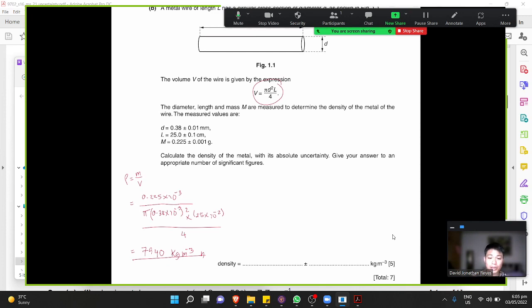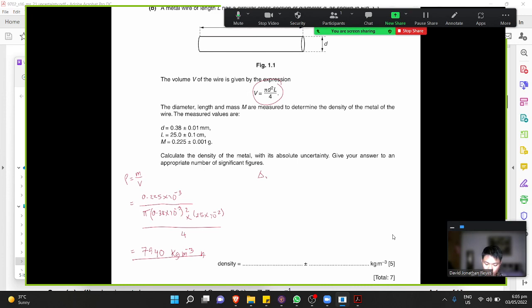Now, to solve for the absolute uncertainty, remember that when you're dealing with multiplication and division, we don't add the absolute uncertainty of every single quantity, but we add their percentage uncertainty. There's actually a way for you to solve it, and usually we write it down this way.